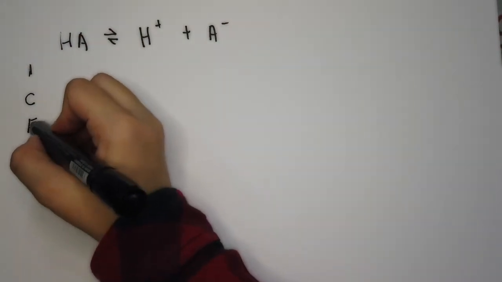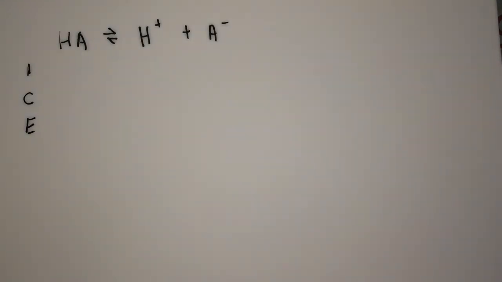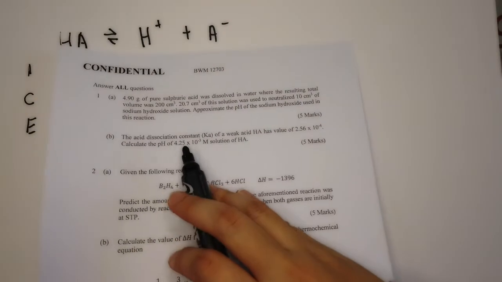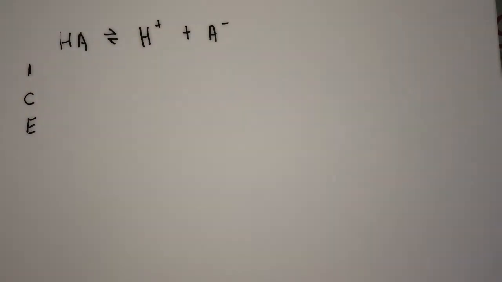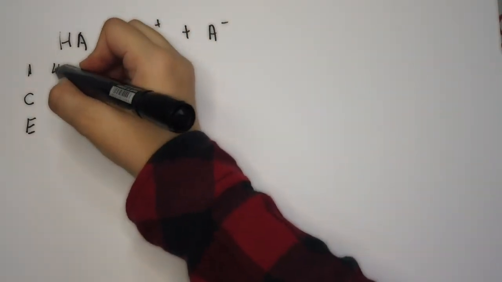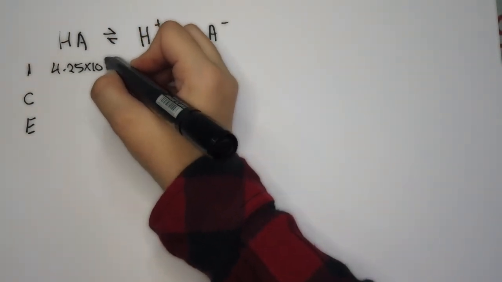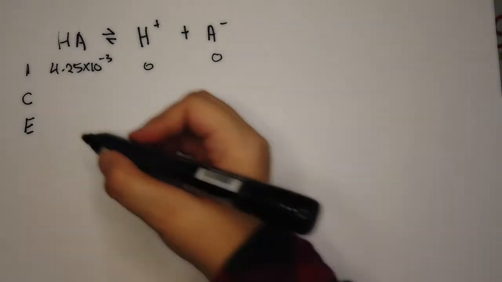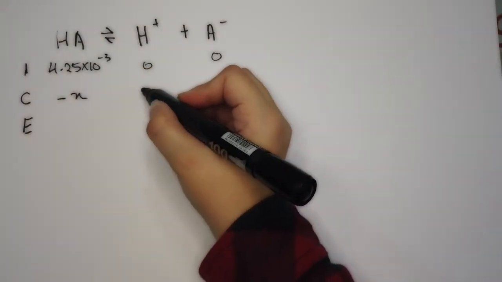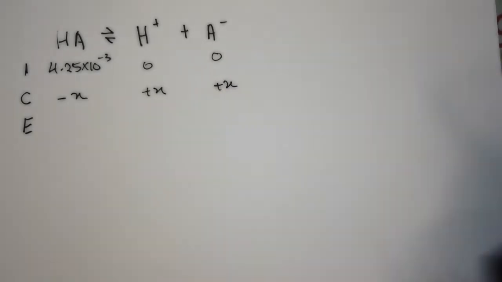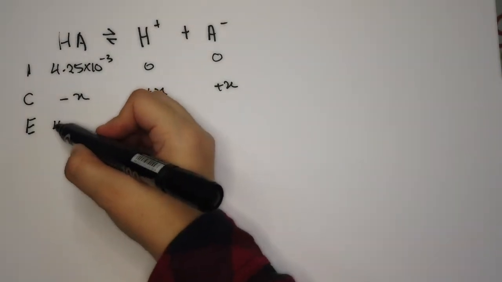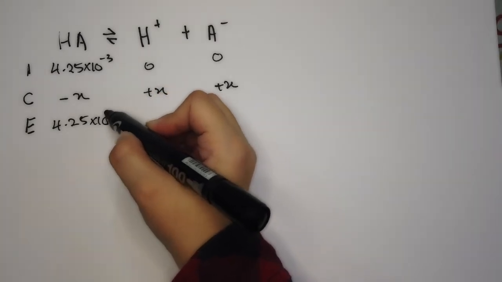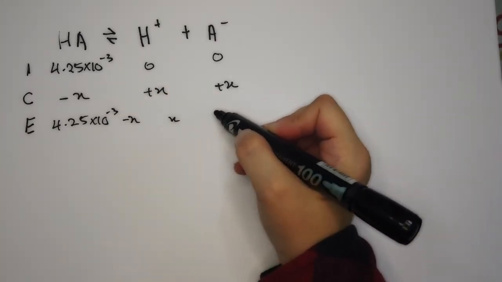The initial concentration of HA given in the question is 4.25 times 10 to the power of negative 3. At first, there's no product, so 0, 0. Since this is a weak acid, at change it will be negative X, positive X, positive X. So at equilibrium, it should be 4.25 times 10 to the power of negative 3 minus X, X, and X.